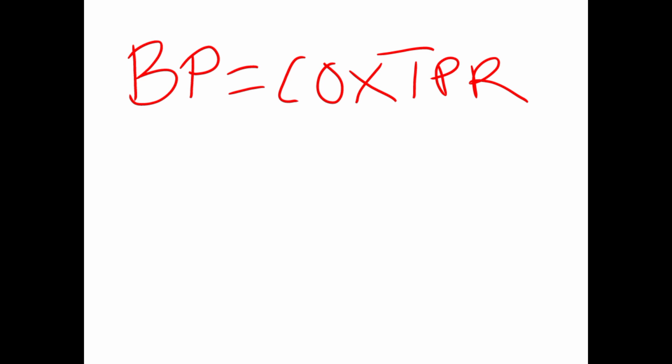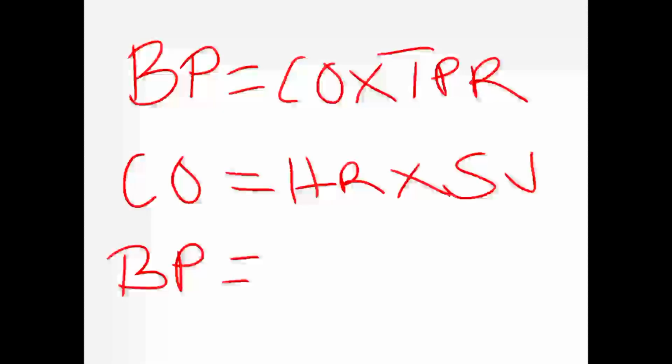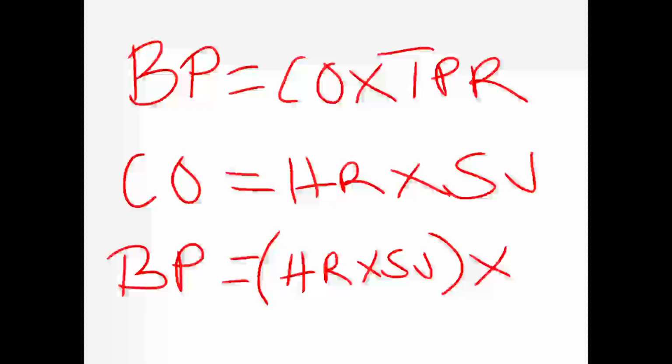Then we also know that the cardiac output is equal to the heart rate multiplied by the stroke volume. This brings us to the third equation, which is BP is equal to open brackets heart rate times stroke volume closed brackets multiplied by the total peripheral resistance.